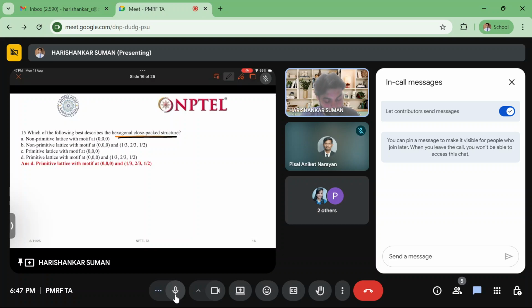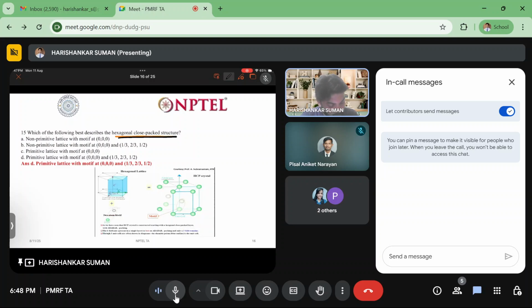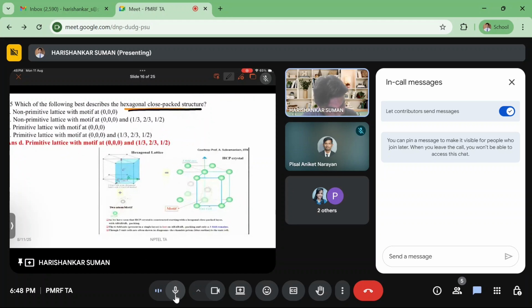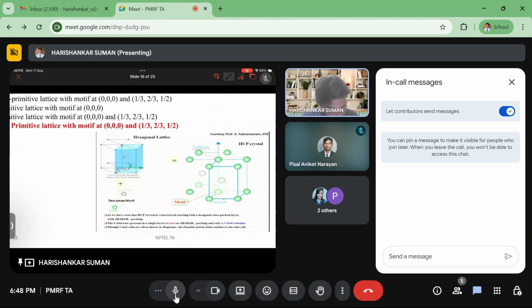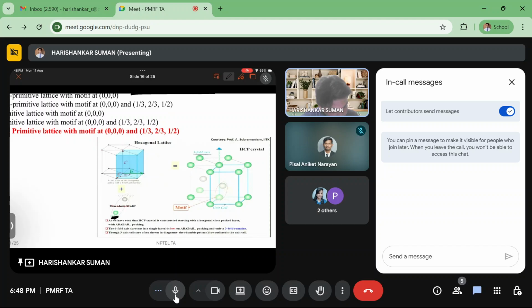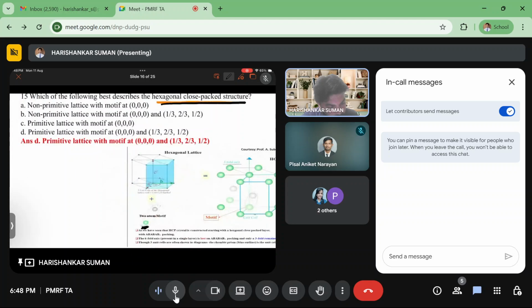So the answer is D, primitive lattice. You can see this is taken from the lecture: motif at 0, 0, 0 and 1/3, 2/3, half, for which system? Hexagonal.